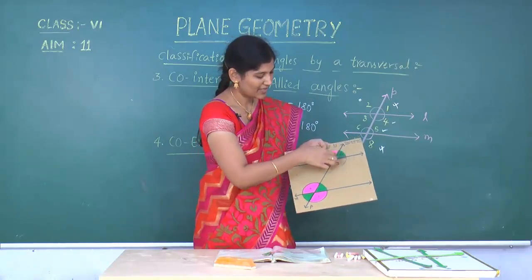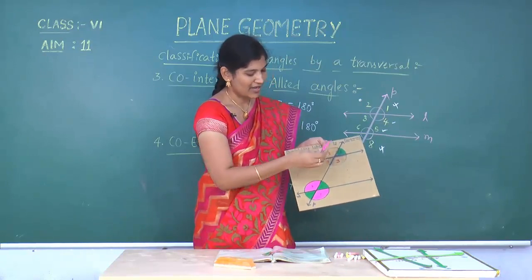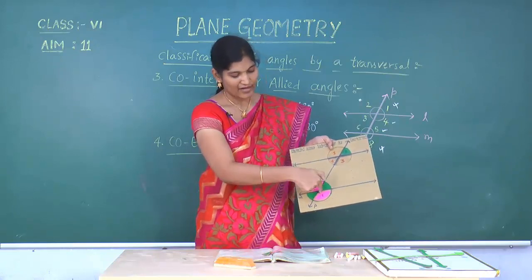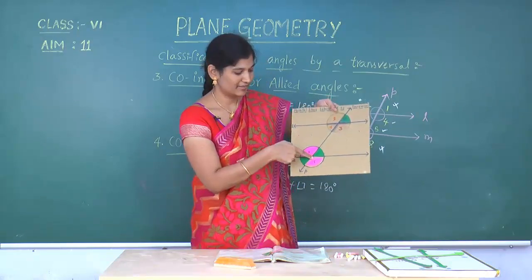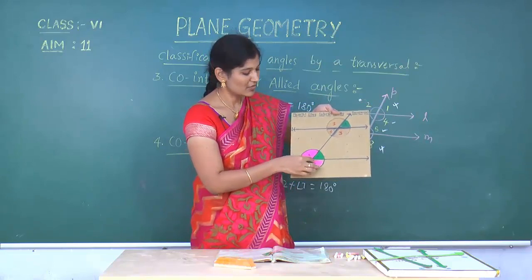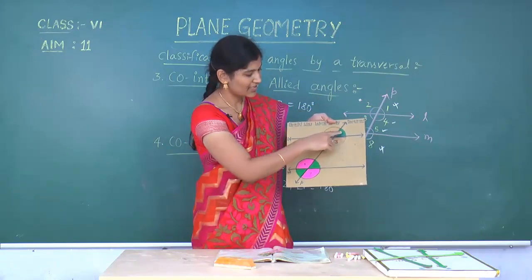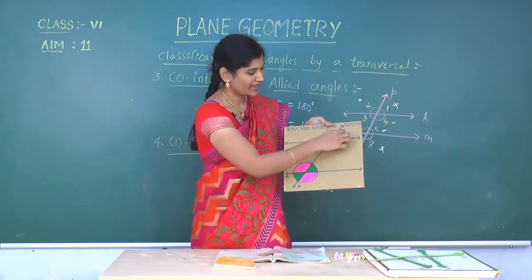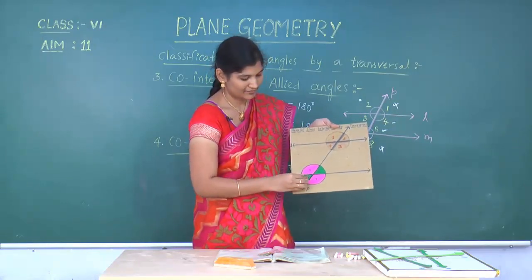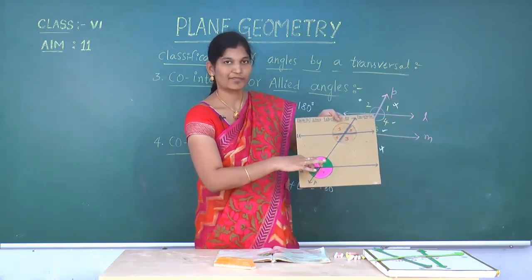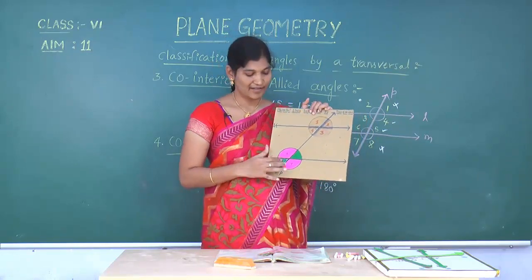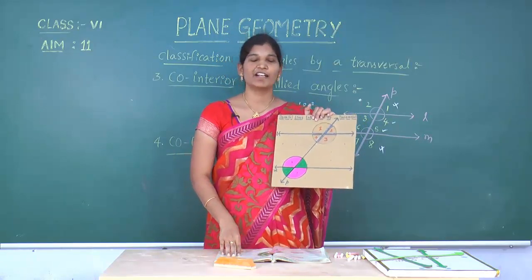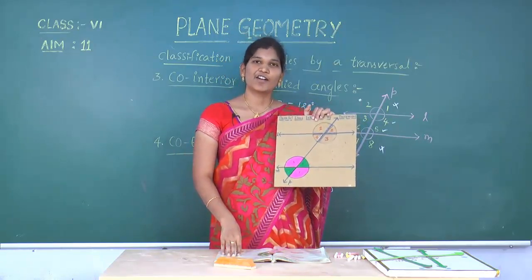Now let me check whether these two are equal or not. I am replacing this one with this. See how they are equal. So let me check one more. This is exterior and this one also exterior. Let me replace. We can say by this activity alternate interior angles are equal as well as alternate exterior angles are also equal.